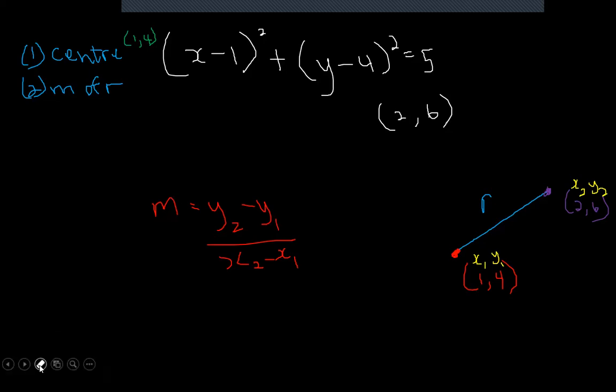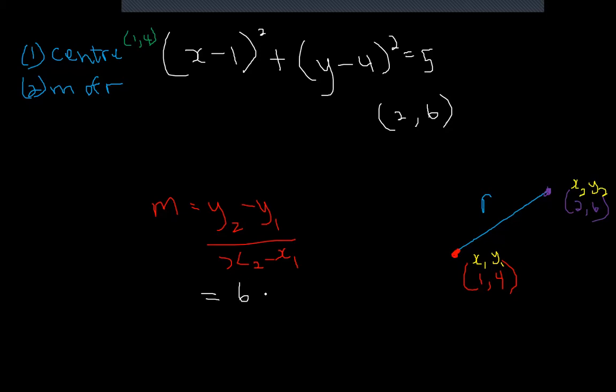In this case, the gradient that we're looking for is the gradient of the radius. So this is equal to y2, which is the y coordinate of my second point, the purple one.